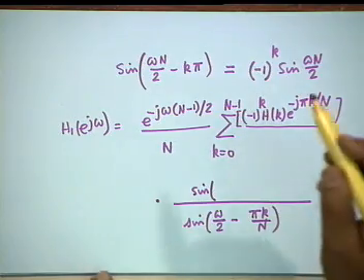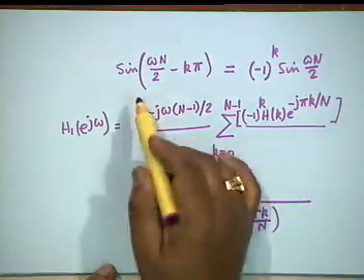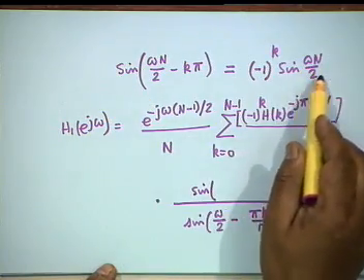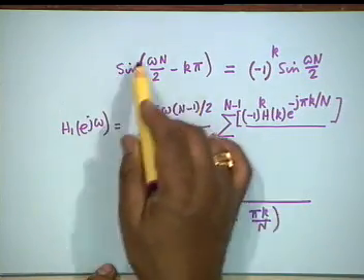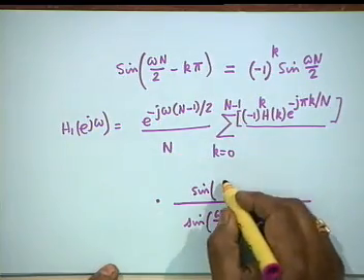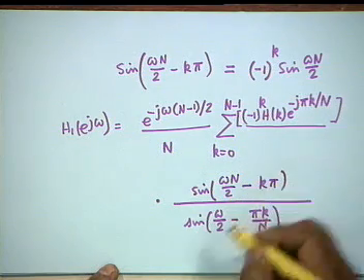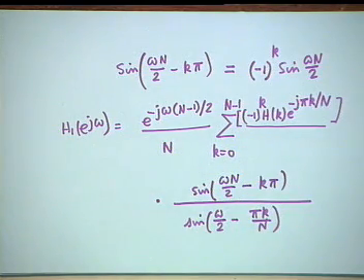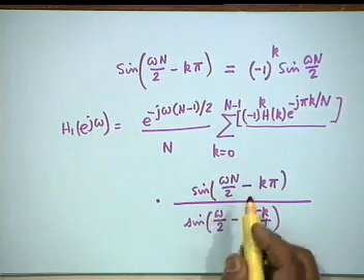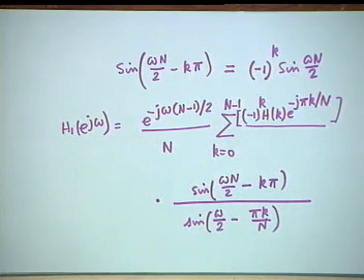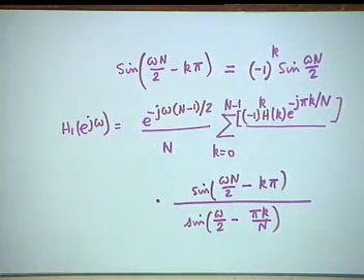I should have sine omega N by 2, but I have shown that sine omega N by 2 is minus 1 to the k multiplied by this. So, sine of omega N by 2 minus k pi. Agreed? So, it is of the form sine of capital N theta divided by sine of theta.